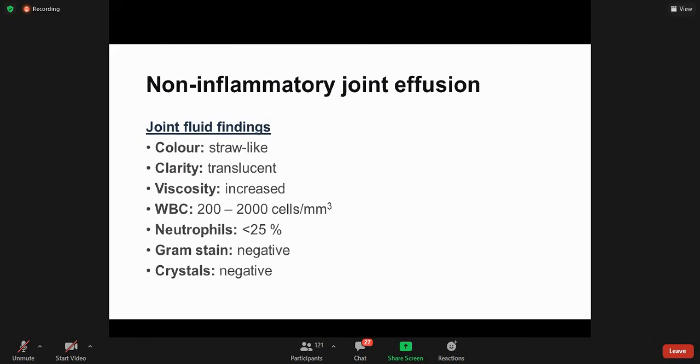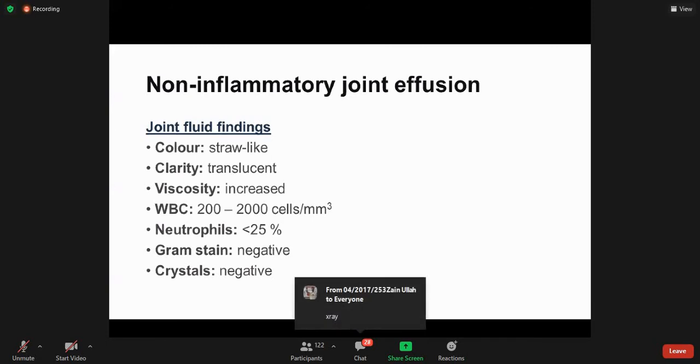You aspirated the fluid, and this is the report. Now, what would we further investigate? What further tests would you tell the patient to confirm the diagnosis of osteoarthritis? Yes, this is the way your viva will be taken.